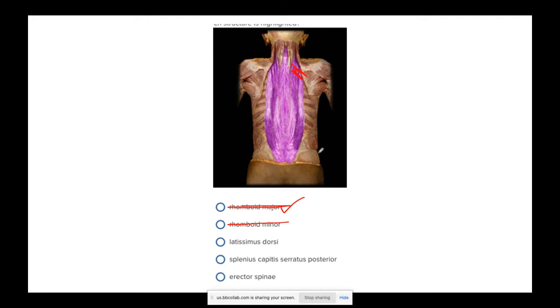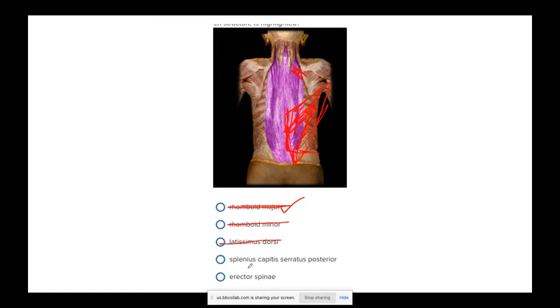That's going to go from the ilium, the sacrum, the lower lumbars, the lower 6 thoracic vertebrae, and it's going to go this way, right? So the lats go this way. It looks like it's a back muscle, but its primary action is going to extend the shoulder, and it's going to adduct the shoulder. That's what the lats do.